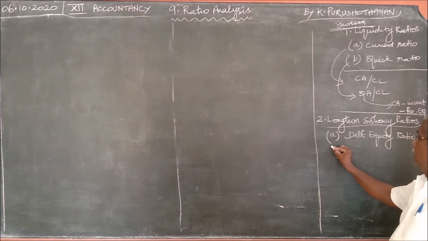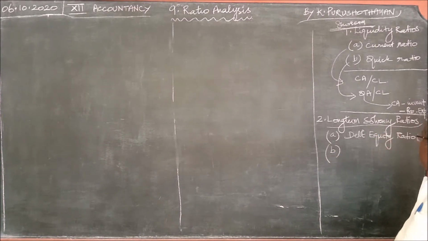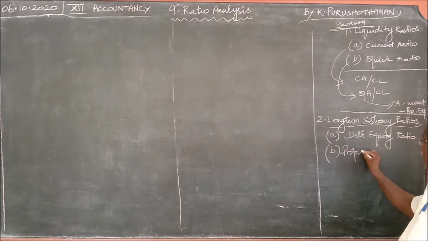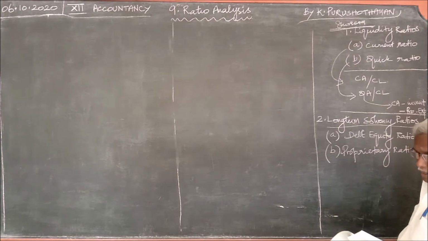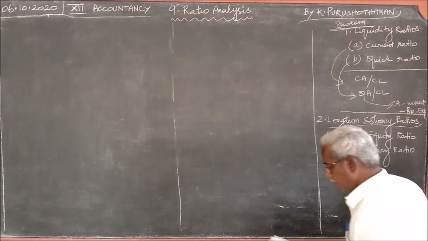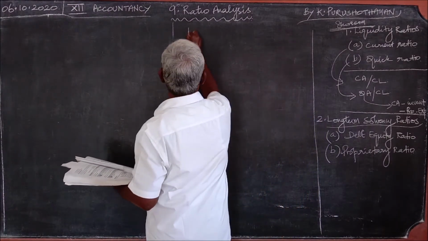The second type of ratio under this long-term solvency ratio is proprietary ratio. What is the formula for proprietary ratio?